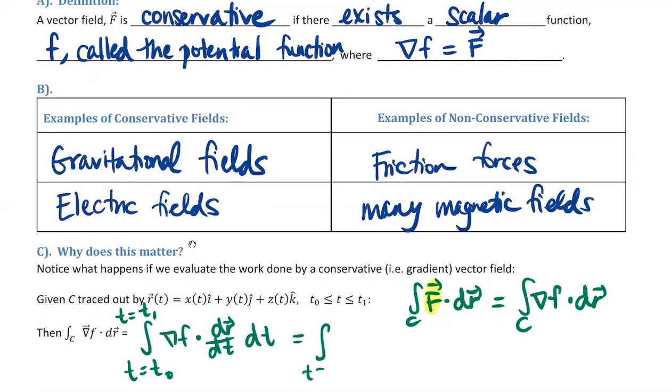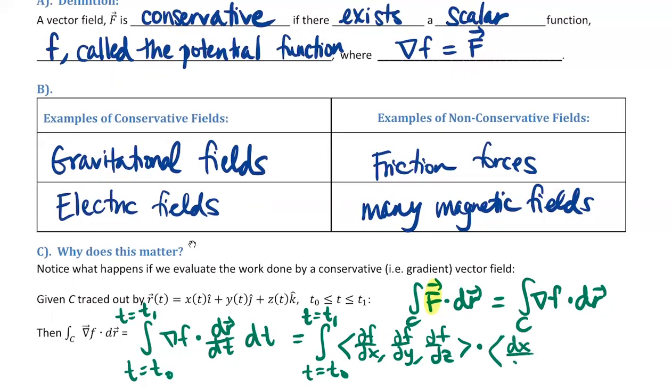Recall from chapter 11, when we take the gradient of a general scalar function, it's just this vector whose components are the partial derivatives. And then I'm going to dot that with dr/dt, which is just going to be the derivative of my x parameterization, y parameterization, and z parameterization.